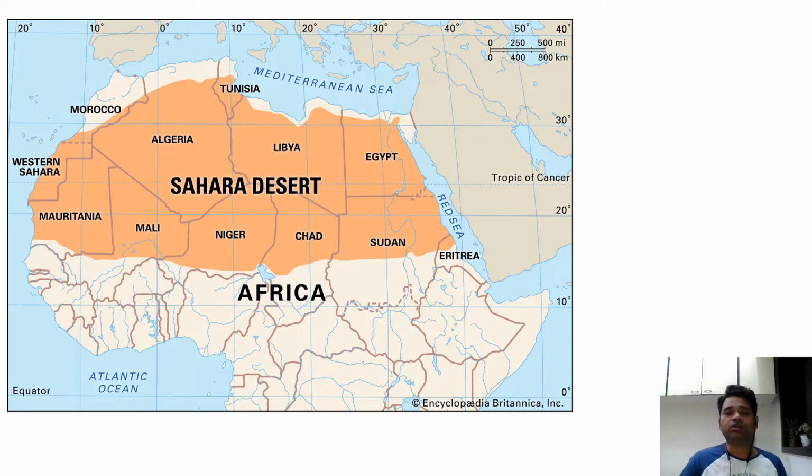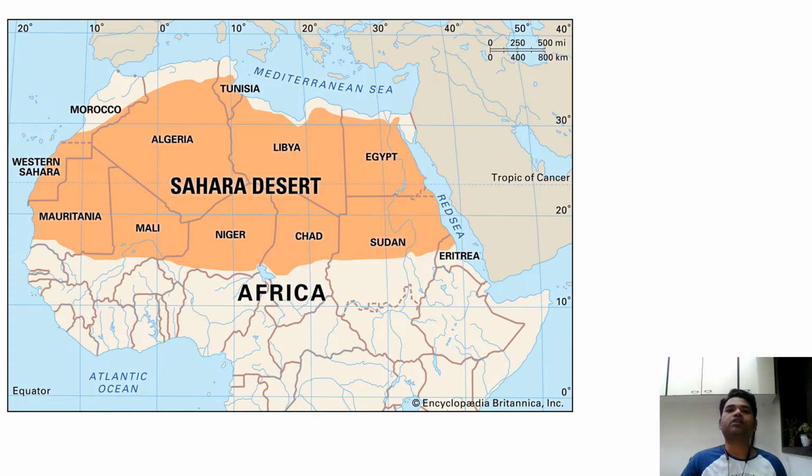So this large number of countries in the North African continent are under the boundary of the Sahara Desert. Such a big dominant terrestrial landmass, terrestrial habitat, terrestrial ecosystem.